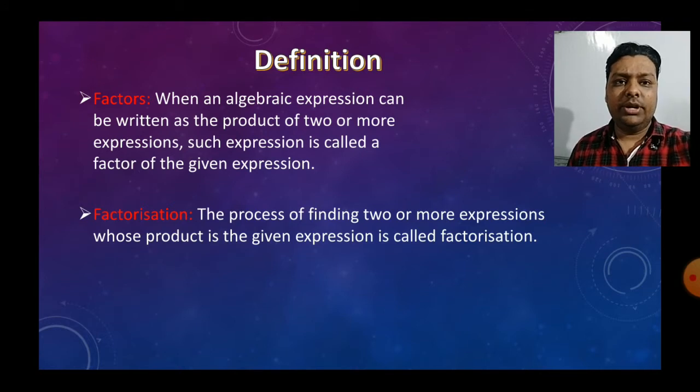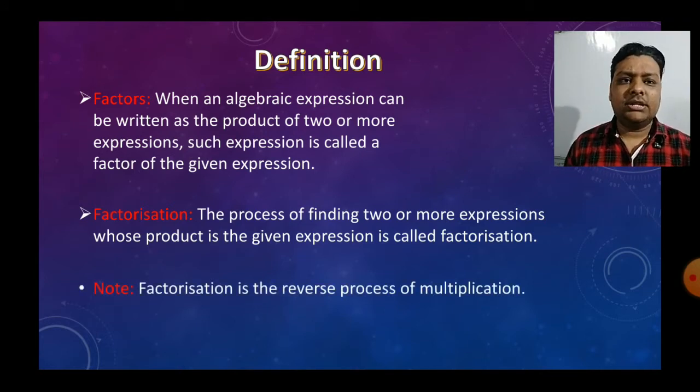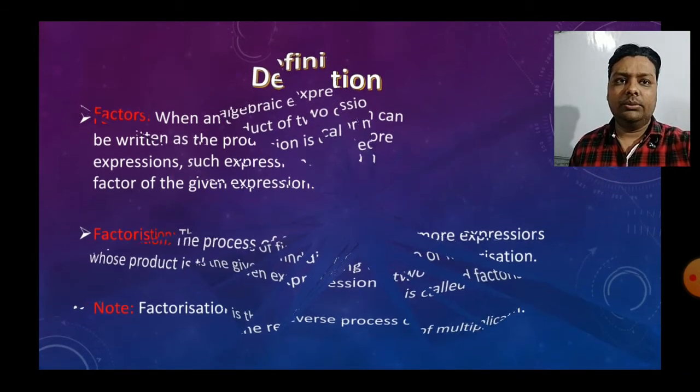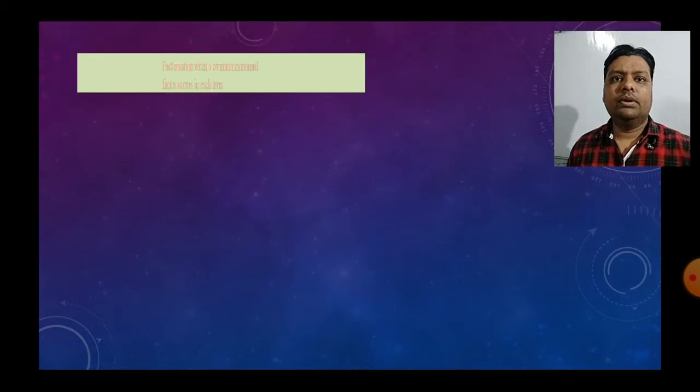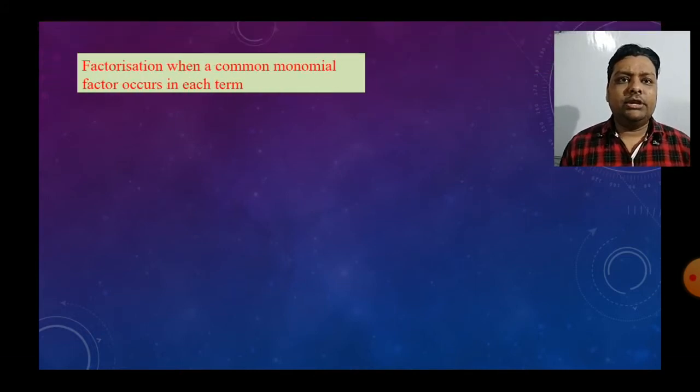Note that factorization is the reverse process of multiplication. It means we can separate it, and if we multiply it back, that is the reverse process of factorization. The next topic is factorization when a common monomial factor occurs in each term.